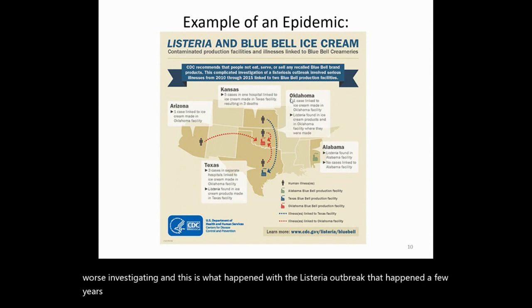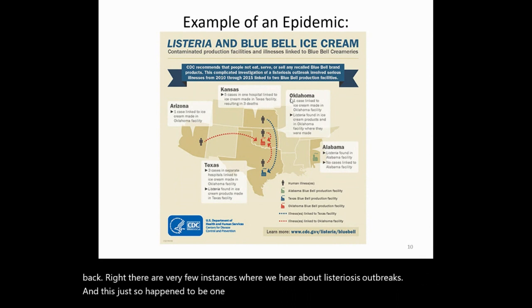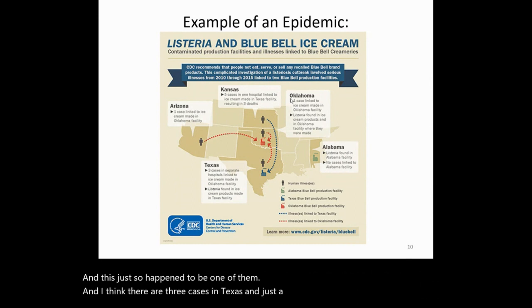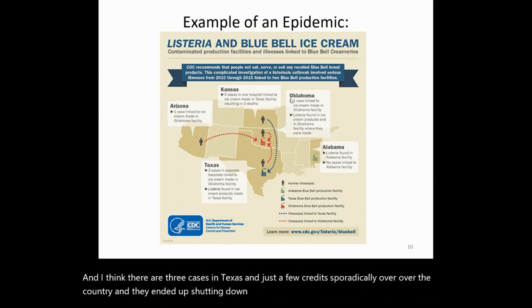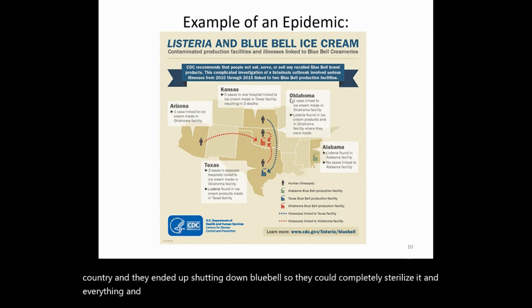There are very few instances where we hear about listeriosis outbreaks, and this just so happened to be one of them. I think there were like 3 cases in Texas and just a few sporadically over the country. And they ended up shutting down Bluebell so they could completely sterilize it and everything. And then luckily, Bluebell is back in business.